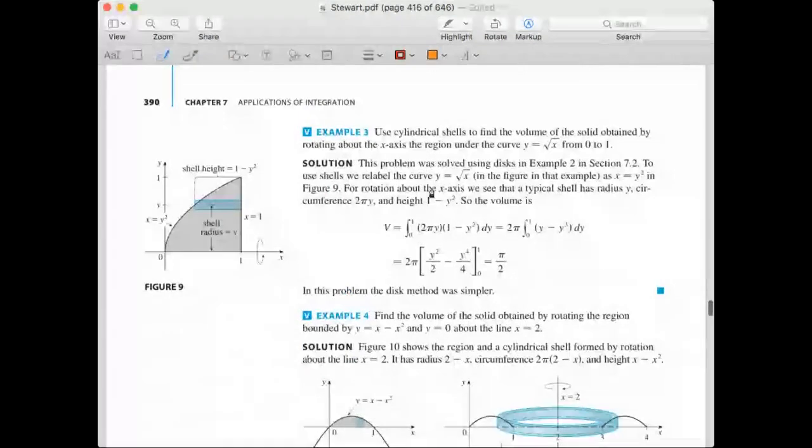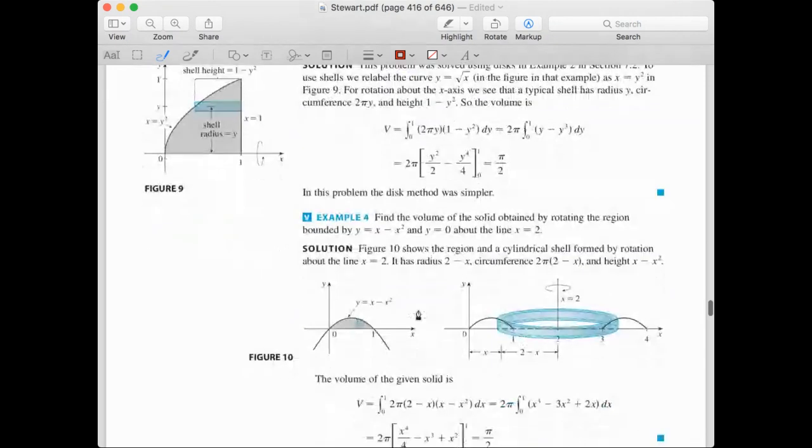Let's see the third example. Using the shell method to find the volume obtained by rotating the area enclosed by y equals the square root of x from 0 to 1. Okay, this is given the lower limit, upper limit. This is about the x-axis, all right? So this is an example about rotating about the x-axis.